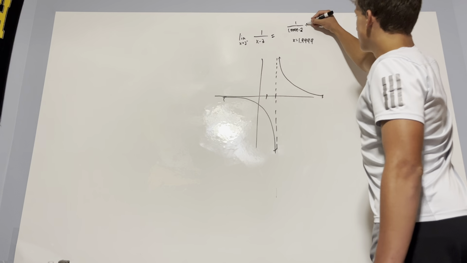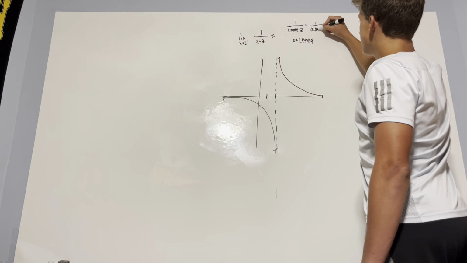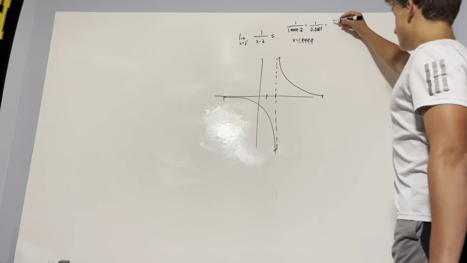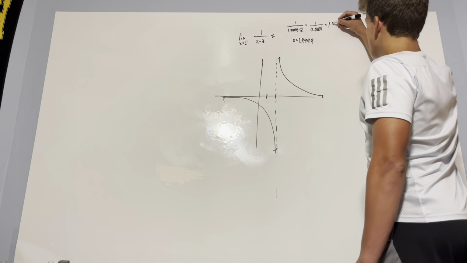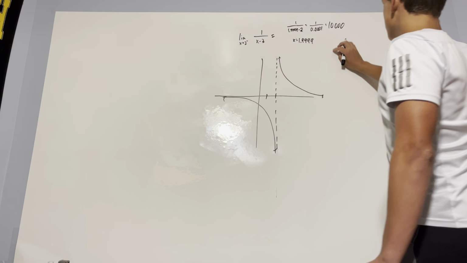If we simplify this, we get 1 over negative 0.0001, and then that's going to be 10,000, 1,000? It's going to be a lot of zeros.